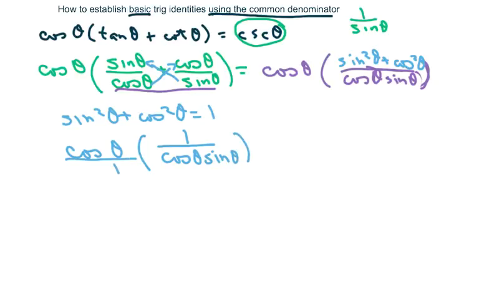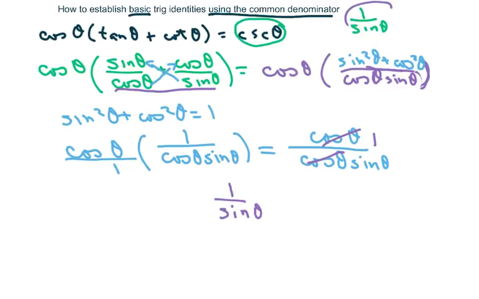And if I put this over 1 and multiply across, I get cosine of theta over cosine of theta times sine of theta. What happens is these cancel and you have a 1 here. So we get 1 over sine of theta, which is what we wanted.